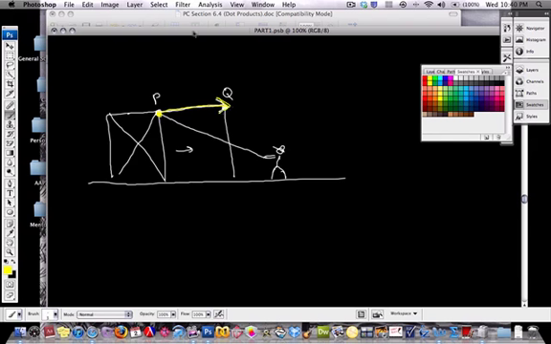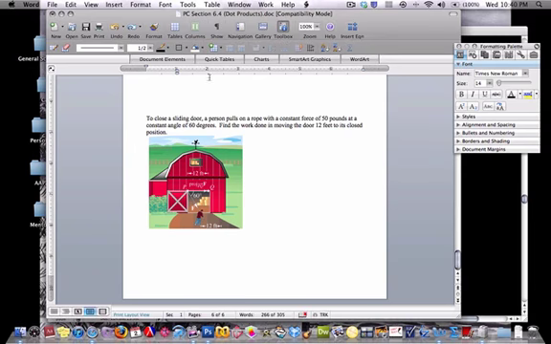If you read the problem, it says, to close a sliding door, a person pulls on a rope with a constant force of 50 pounds. That's one of the units for forces, pounds, at a constant angle of 60 degrees. Find the work done in moving the door 12 feet to its closed position.